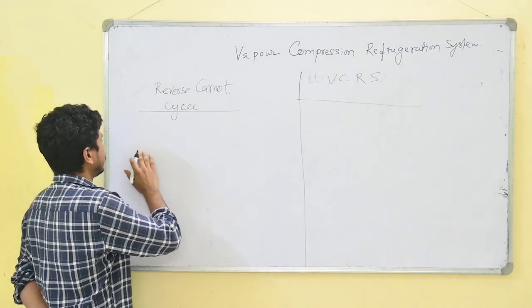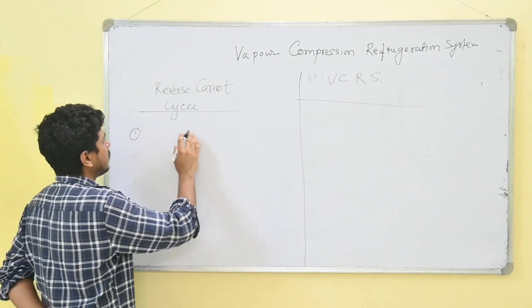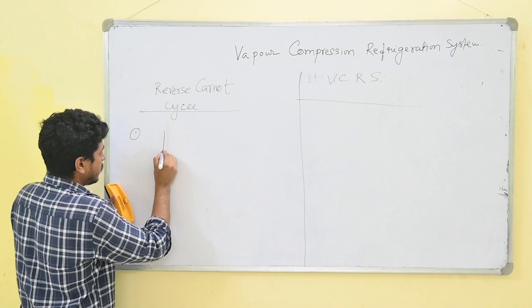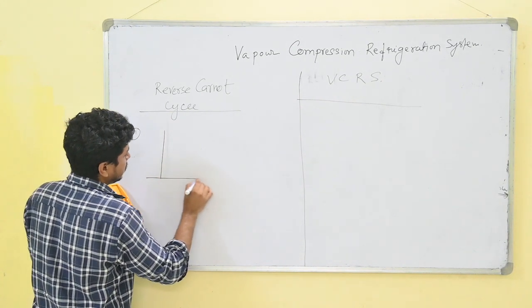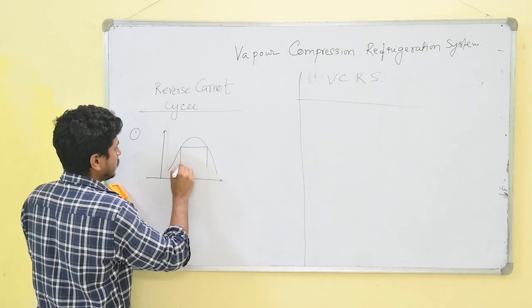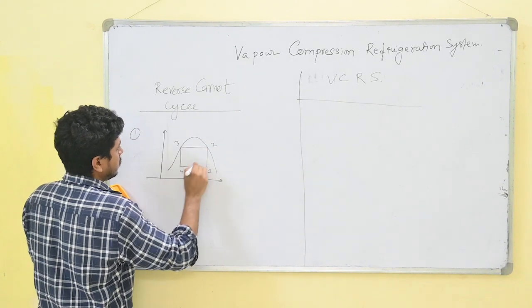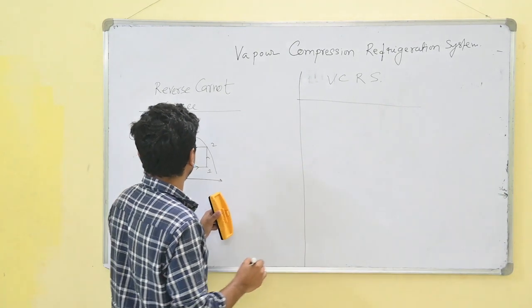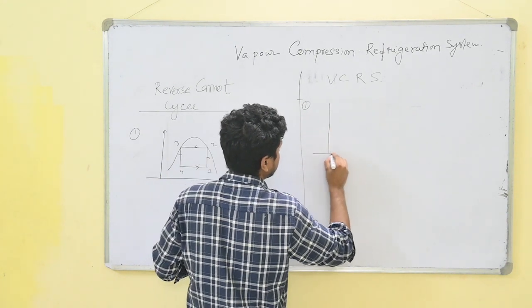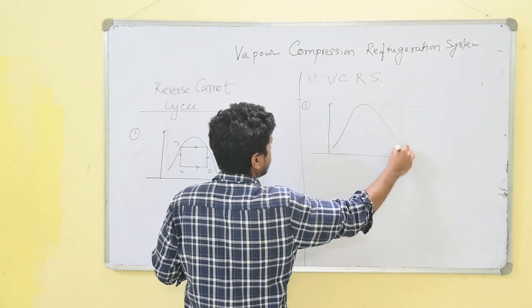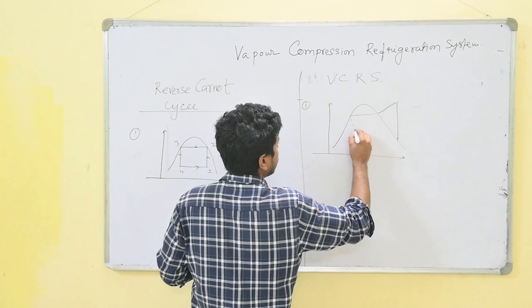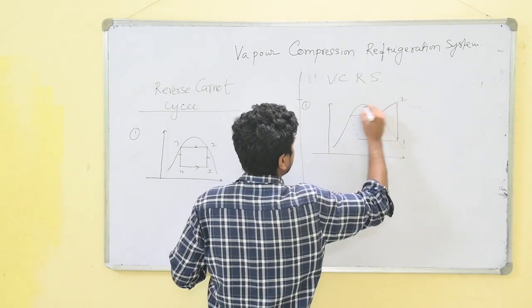The TS diagram of the reverse Carnot cycle is a rectangular form, and the TS diagram of the vapor compression refrigeration system looks like this: one, two, three, four.